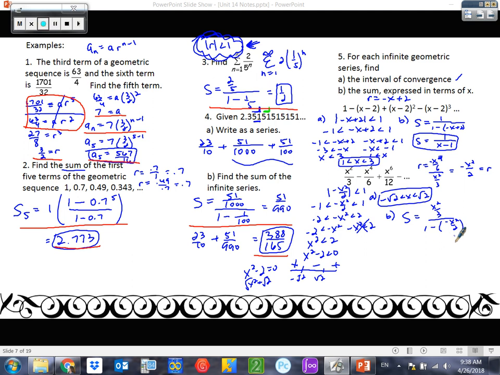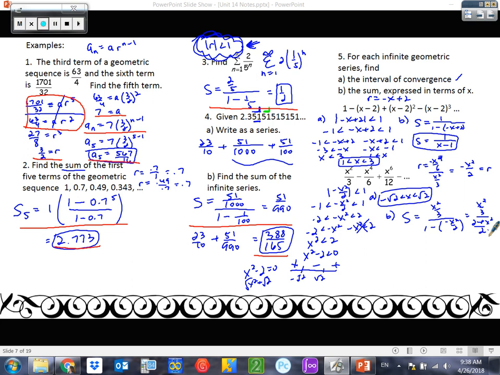Alright, so I find a common denominator, so 1 plus x squared over 2 becomes 2 plus x squared over 2. Right, because in order for me to flip and fix a complex fraction, I have to find the common denominator. Remember that? Sure we do. We're great in algebra in here.